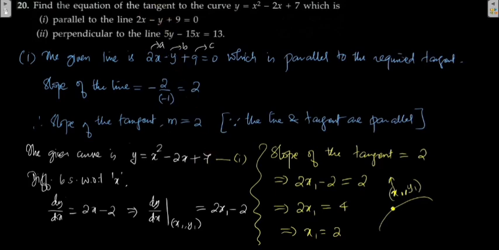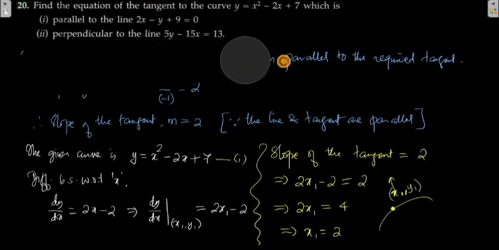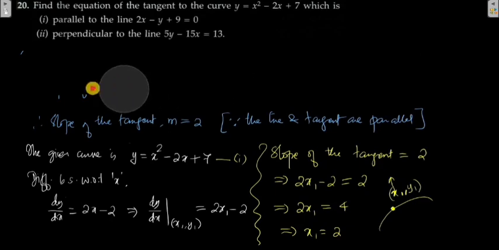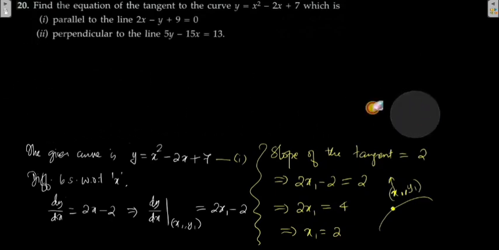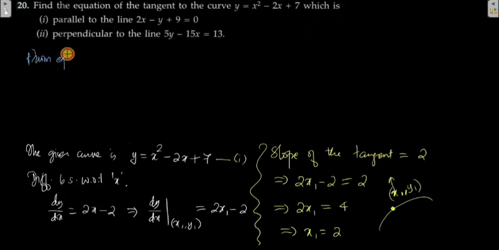Let me erase this part which is not needed. You can go back a bit and copy whatever I had written here. So from equation 1, we have y1 equals x1 square, right?